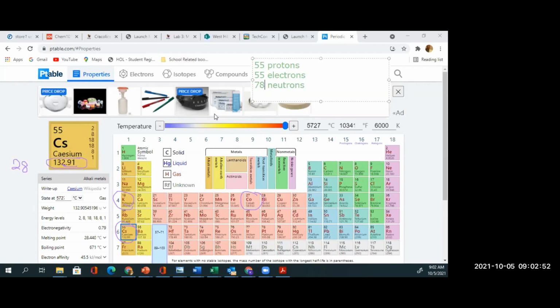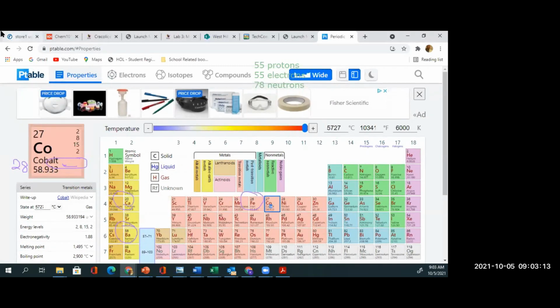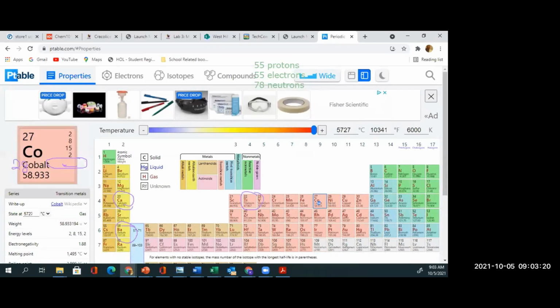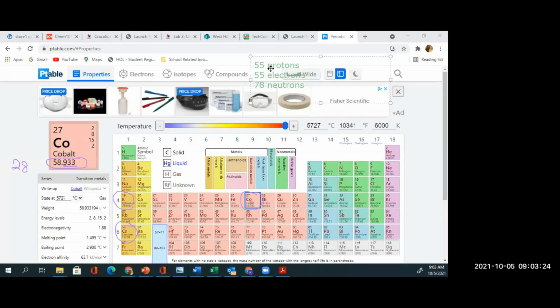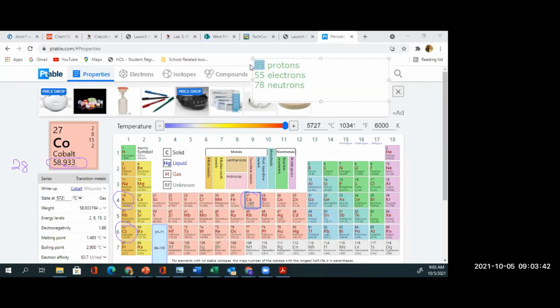Okay, and cobalt. How many protons for cobalt? 27.